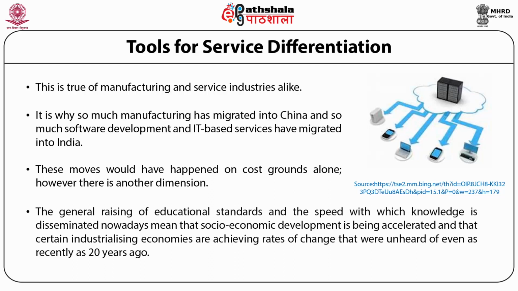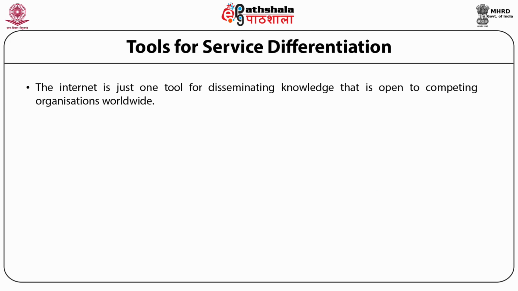The general raising of educational standards and the speed with which knowledge is disseminated nowadays means that socio-economic development is being accelerated, and that certain industrializing economies are achieving rates of change that were unheard of even as recently as 20 years ago. The internet is just one tool for disseminating knowledge that is open to competing organizations worldwide.